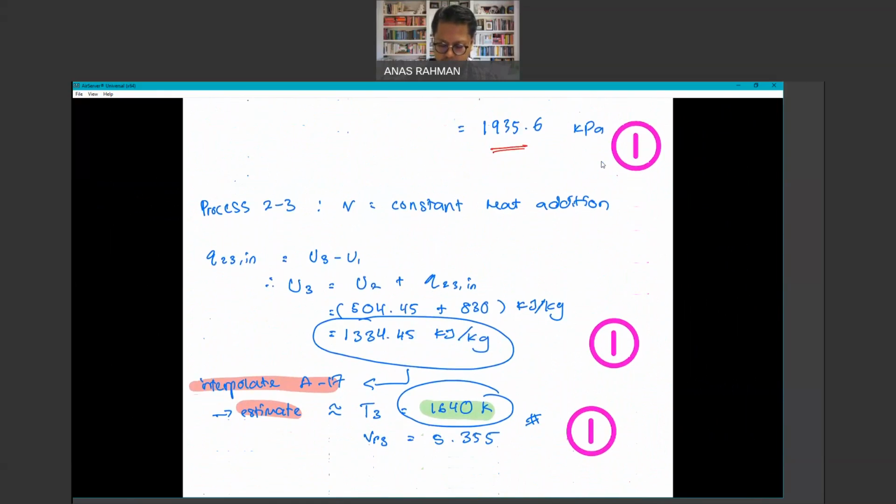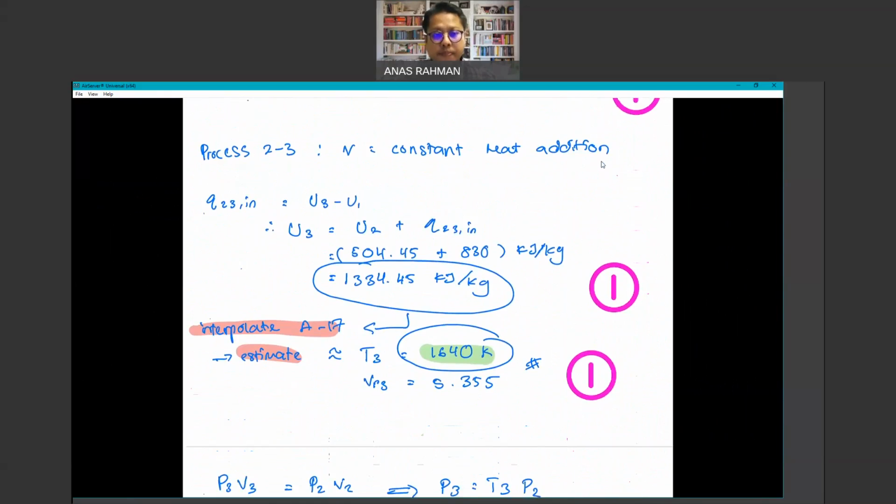Next, process 2 to 3. This is the constant volume heat addition process. Remember, you cannot use isentropic equations over here because it is not an isentropic process. We know that Q in can be calculated by U3 minus U2.